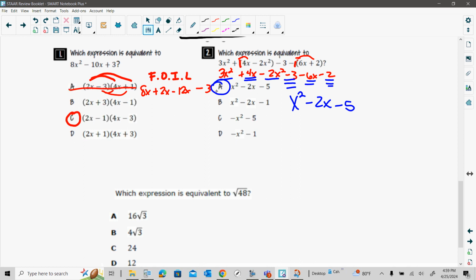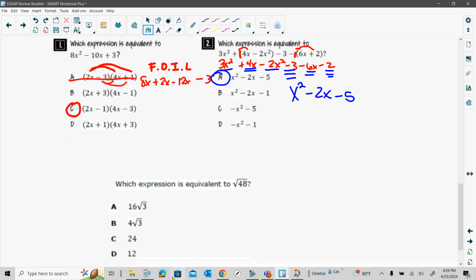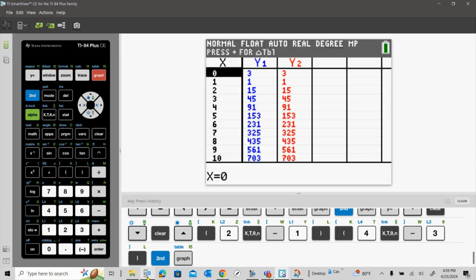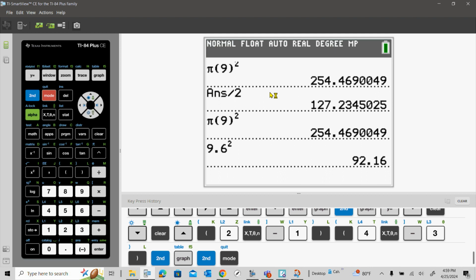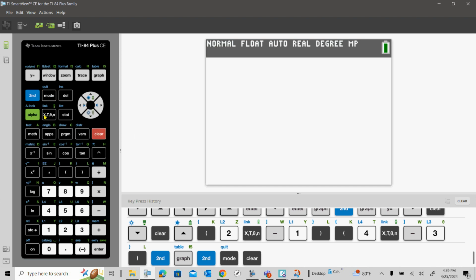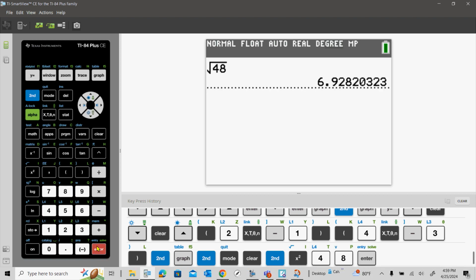And then for radicals, you can put that in the calculator, but it's not y equals. You have to just go to regular numbers and clear that out. And to do the square root, that's second and then x squared, and we put 48, and we get approximately 6.9282. And then I can check my answer choice 1A, which is, oops, not that.